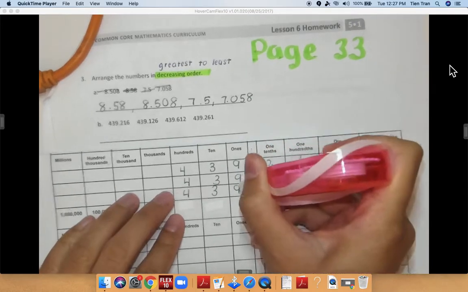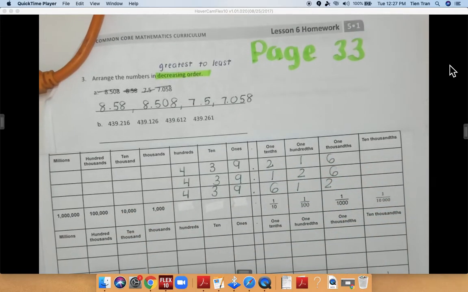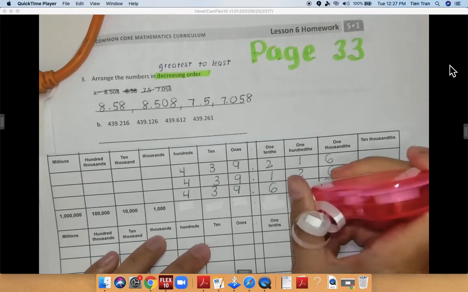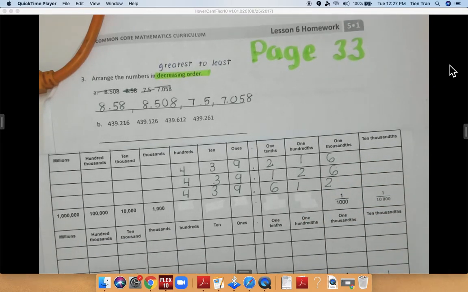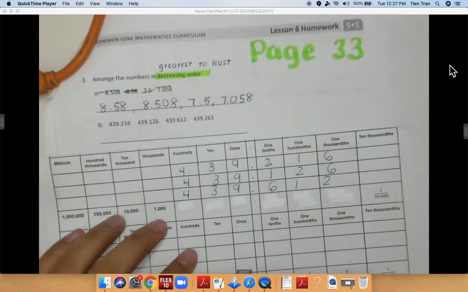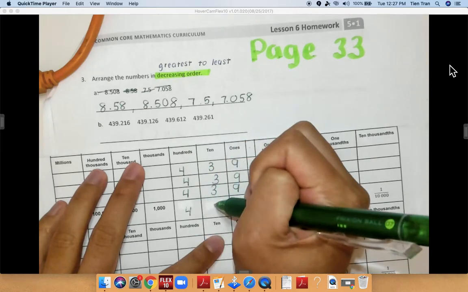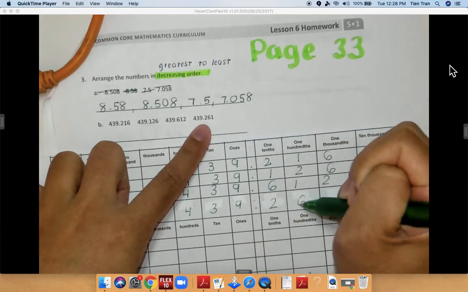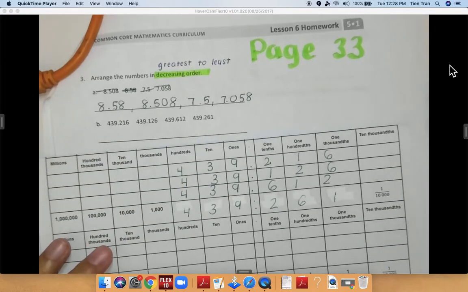I just like the numbers all together so that you guys can see and easily compare. Okay, now I'm going to compare.